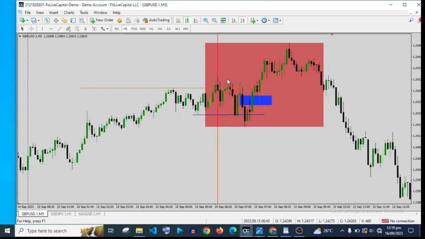Okay, that's the highest point. It has taken away liquidity of the Asian session, and the next thing is going to expound down to the direction it's supposed to go, without breaking the new high that has been created. That's the major concept with the London kill zone.